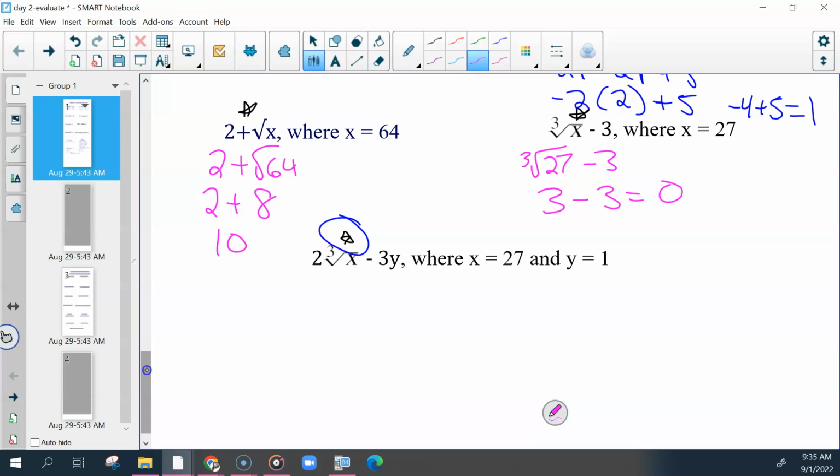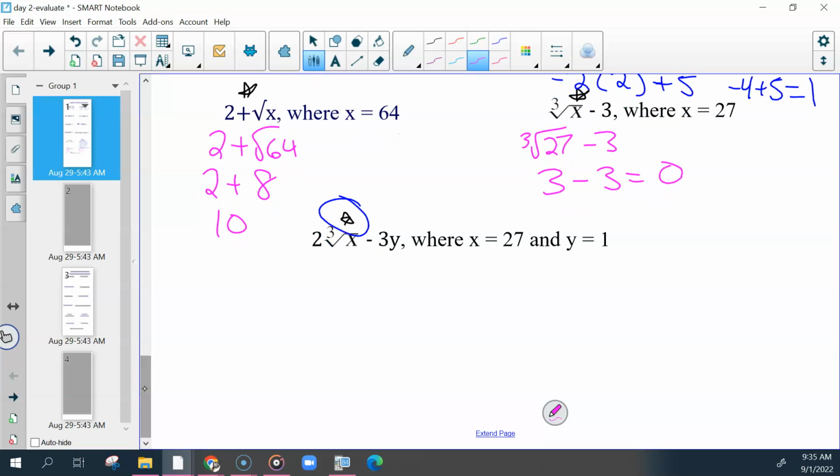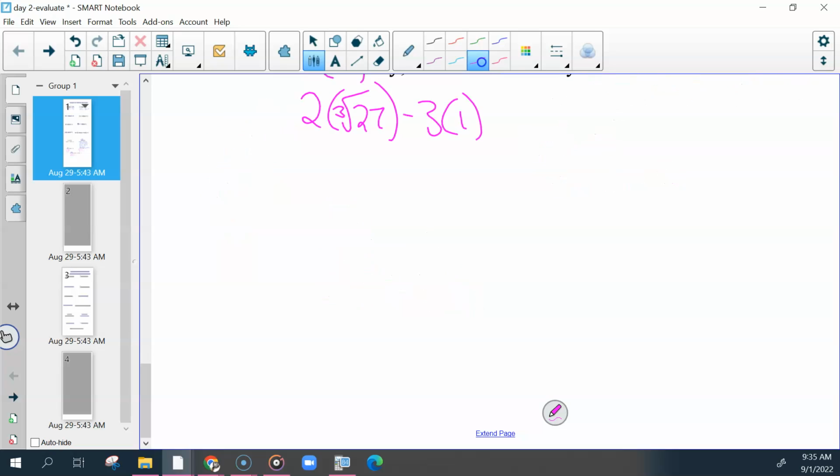And this last one. Now we have 2. Be careful that you don't switch them. So this is 2 times the cube root, so if you need to, use parentheses to show that they're different things. This is not 2 to the 3rd power and the square root. So the cube root of 27 minus 3 times 1.